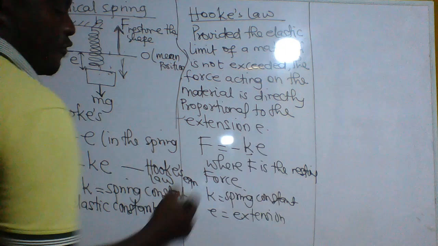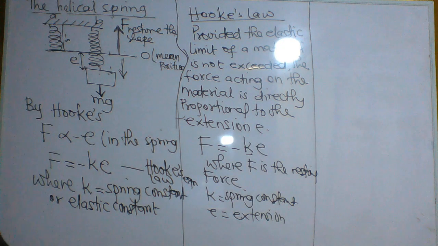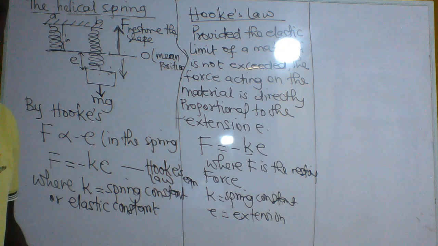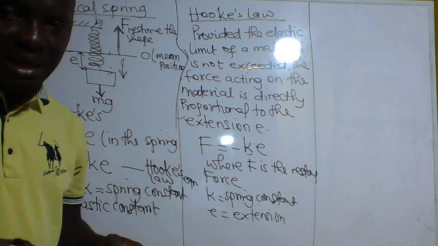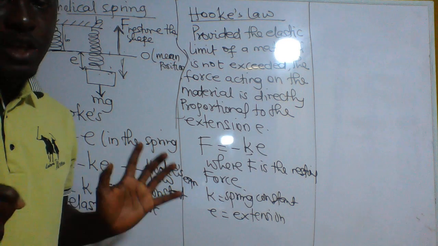This value of K, the spring constant, explains how rigid the spring is. Different springs have different values of K. The higher the value of K, the higher the rigidity of the spring.